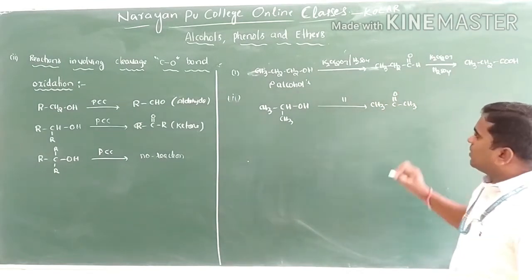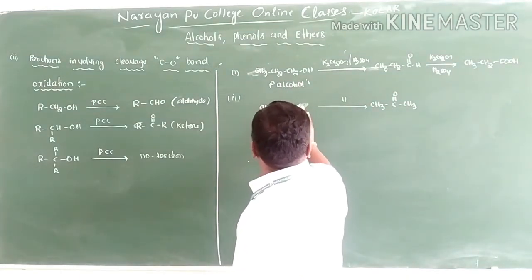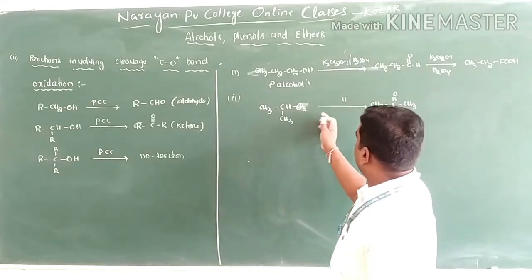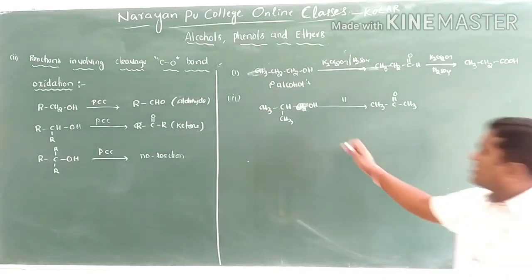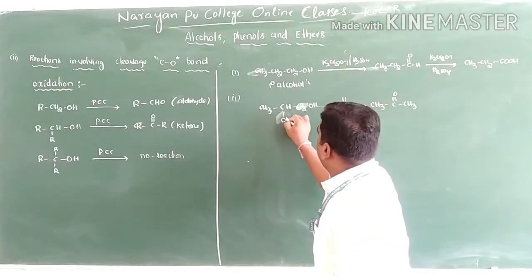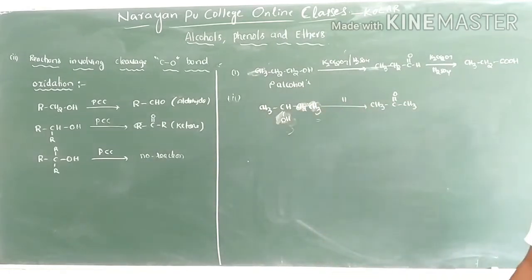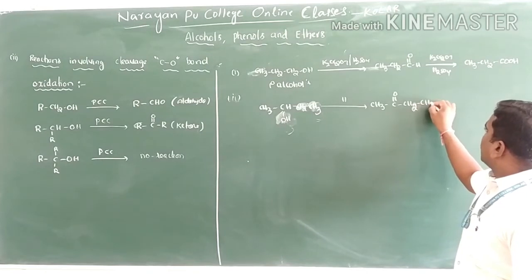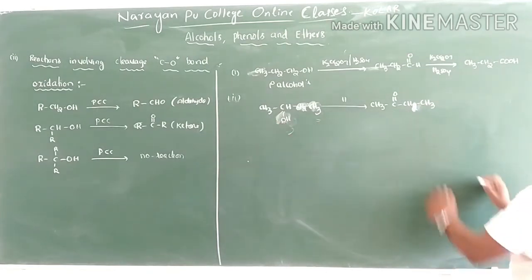I will take a four carbon compound, CH3 CH2 CH OH CH2 CH3. This is a secondary alcohol. Now what do you get? Secondary alcohols are converted into ketones.